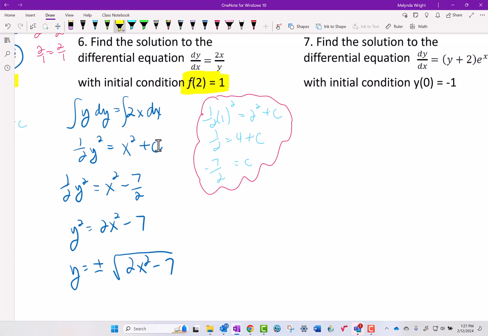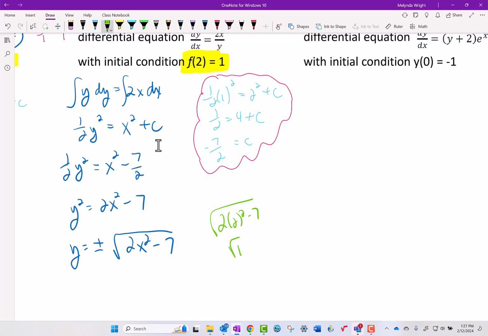So let's just say if I were to plug a 2 in here, so let's do that. So we have 2 times 2 squared minus 7. What is that? So that's 4 times 2 is 8. 8 minus 7, so that's the square root of 1.